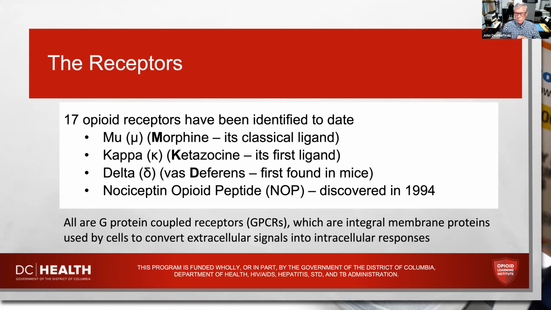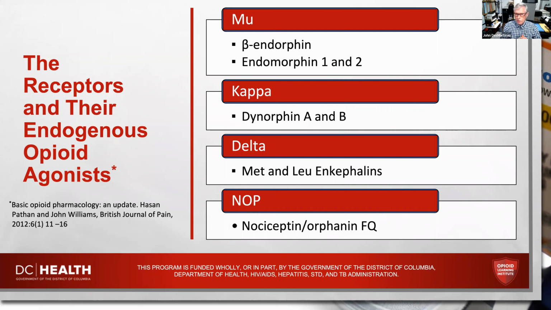Okay, so as research has gone on over the years, we've found out that the 4 receptors that I'm talking about today have internal, what are known as endogenous ligands. So for the mu, we have beta endorphin, endomorphin 1 and 2. For kappa, we have dynorphin A and B. For the delta, met and leu enkephalins.